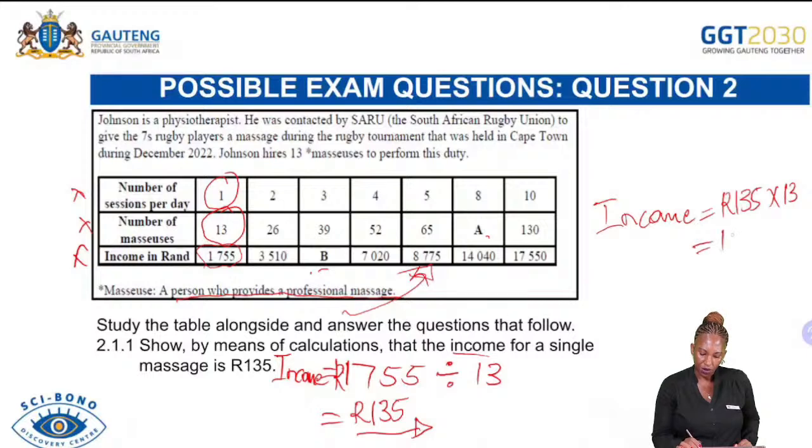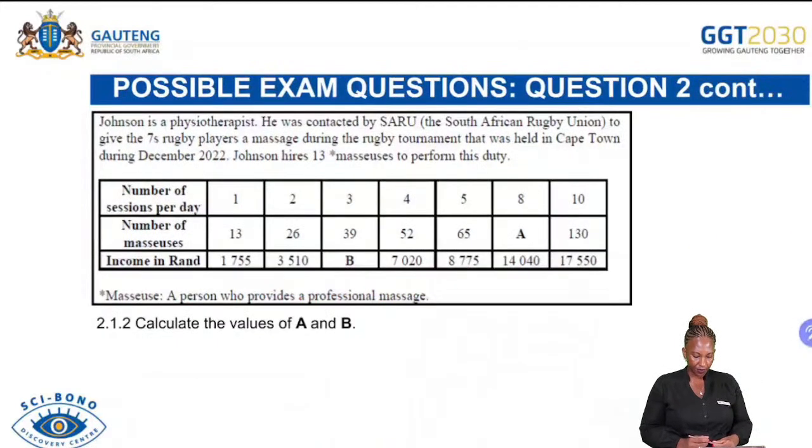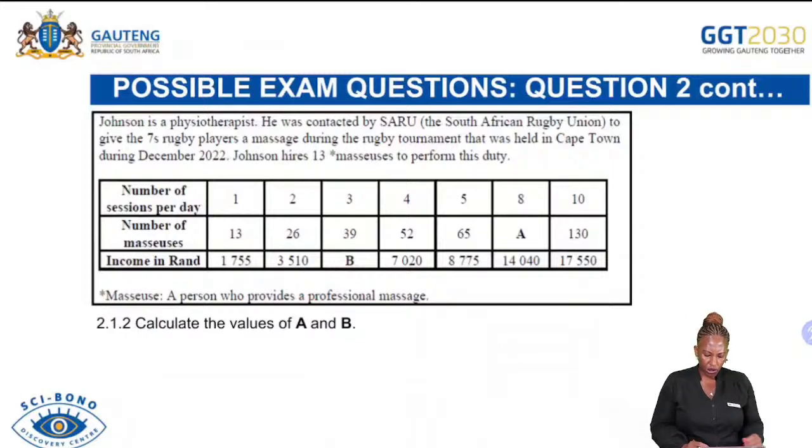Then I'll still get 1,755 rand. So boys and girls, can you see? For you to get that amount, you take the total amount that you made and divide it by the number of people, and then you'll get how much the single massage was. Now let's continue, boys and girls.